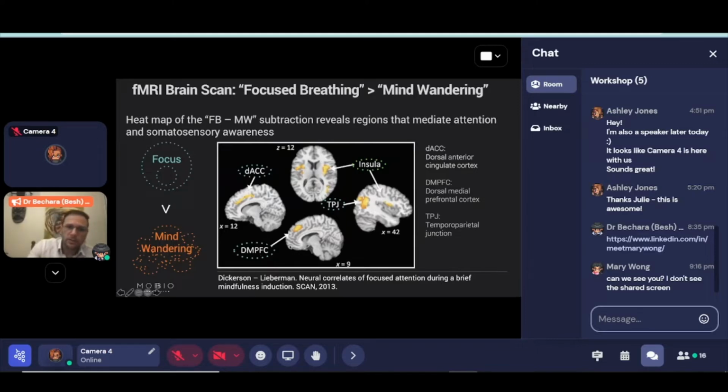So what you'll see here is this heat map, you see the slices, and then you see these yellow regions. And we know the subtraction is focused minus mind wandering. So it's just the regions that are really involved in the focus that light up here. One thing you'll notice is that this slice here is in position 12, and this slice here is in position 9.